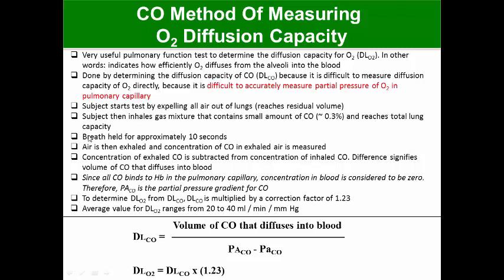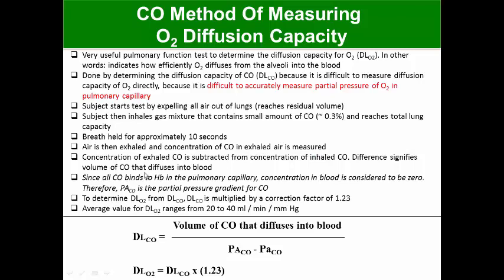Then we ask him to hold his breath for approximately 10 seconds. Then air is exhaled. We ask him to expire the air. The concentration of carbon monoxide in the expired air is measured.